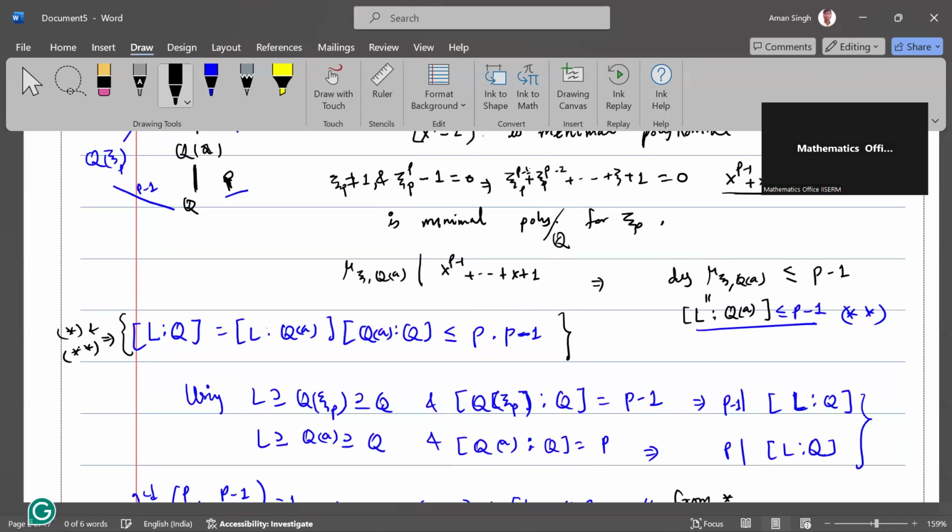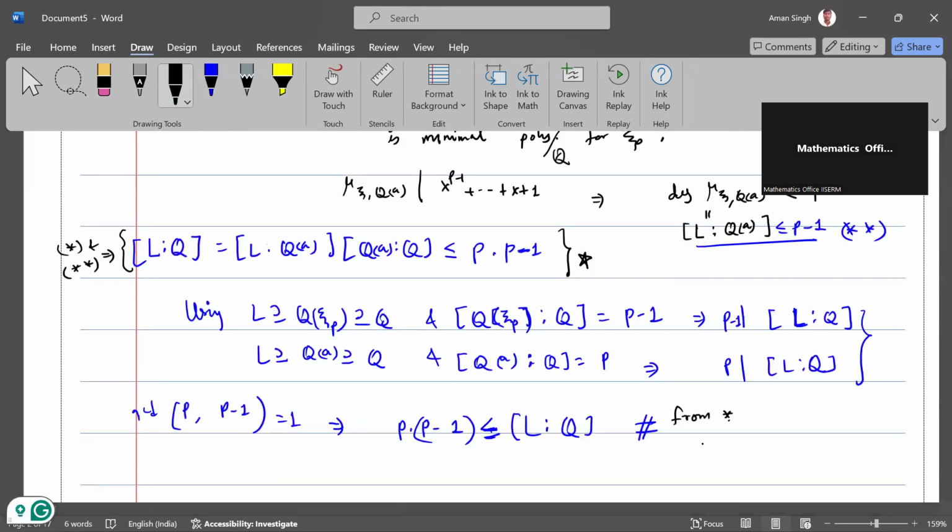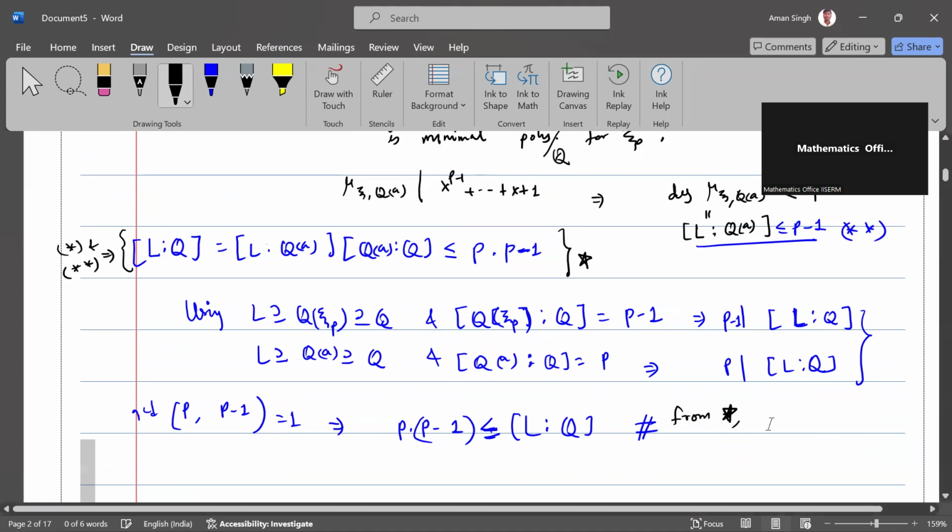Now let me call it capital star. Then from capital star, it follows that [L : Q] is the same as p times (p minus 1).